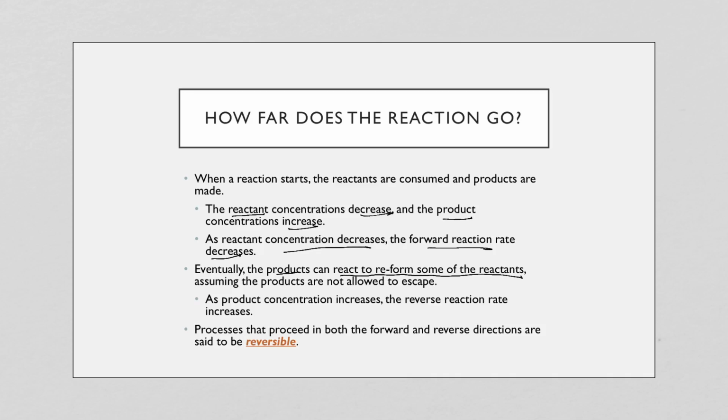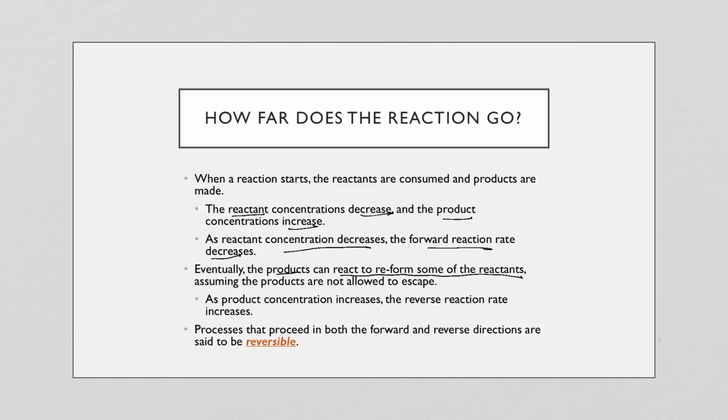So the concentration of the products is building up, and when we reach a high enough concentration they can react in the reverse direction. And as we build up more and more product, we start to increase the rate of this reverse direction. Now, any process that can proceed in both directions is termed a reversible reaction.